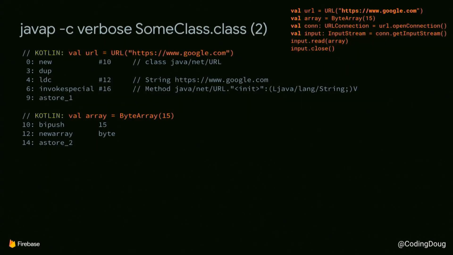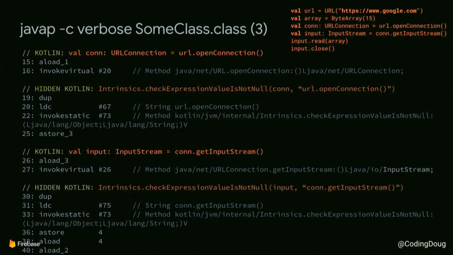In the next line of code, we create a byte array of size 15. Now here's where things get interesting. At line 15, we take that URL object stored in local variable 1 and call the openConnection method on it. At this point, the URLConnection object is pushed onto the stack.